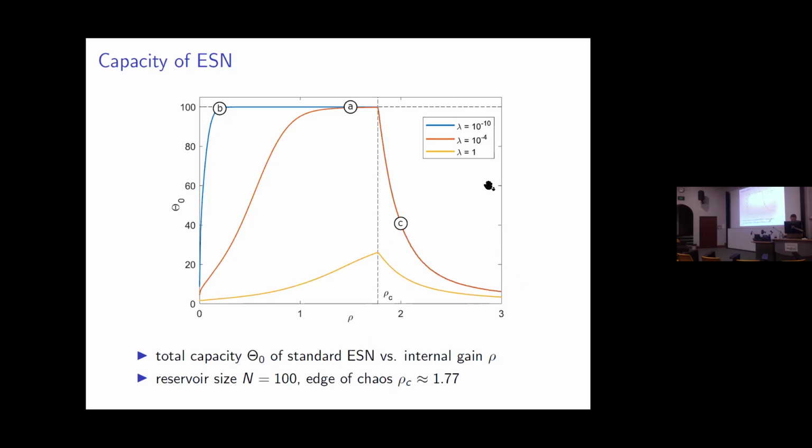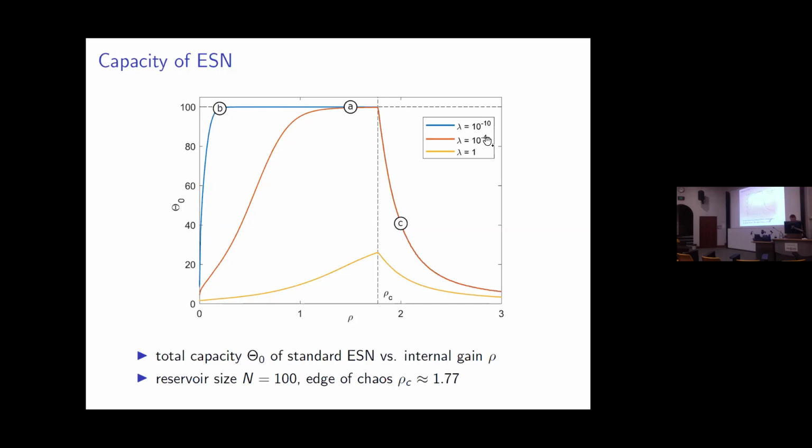And yeah, let's have a look at these different regularization levels. It's interesting. With a very small regularization, in the stable regime, you have full capacity. This is a network of 100 nodes. You have, so to say, full capacity in most of the useful regime. But even with that little regularization, at these very small values of rho, apparently the reservoir is very sensitive.